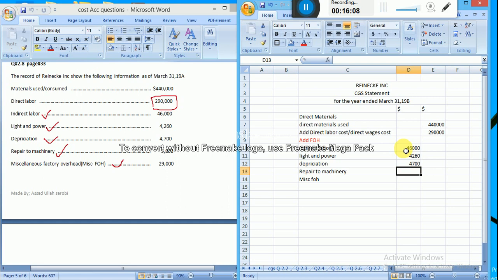Okay. Repair to machinery, it means that in this whole year we consumed $5,800 of repair to the machinery.